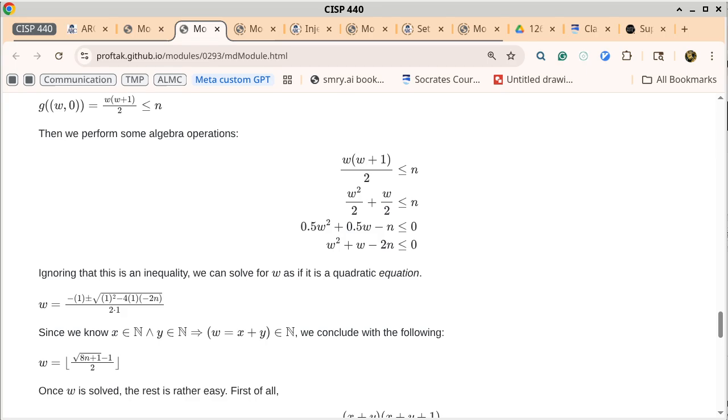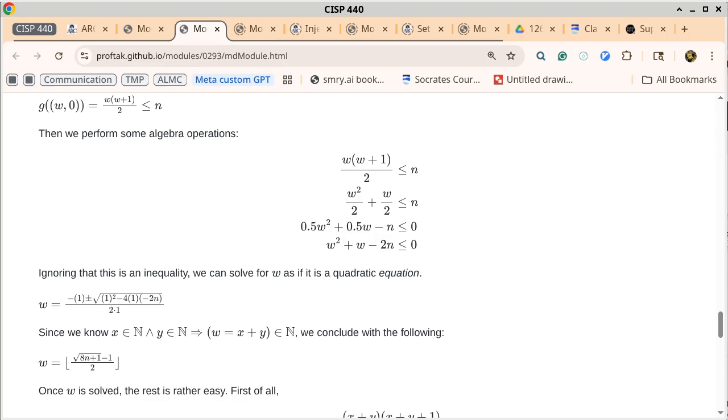So that is not a quadratic equation, it is a quadratic inequality. Because it is an inequality, w has two roots, by the way. Because w has two roots, one positive and one negative, we can automatically throw away the negative root because w has to be non-negative. w is x plus y, x is a natural number, y is also a natural number, so w has to be a natural number as well.